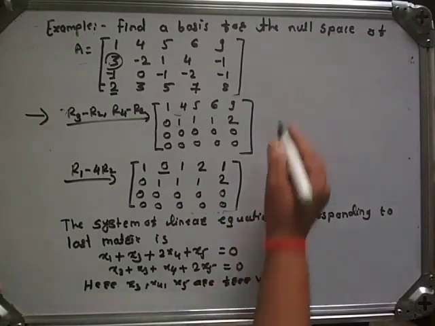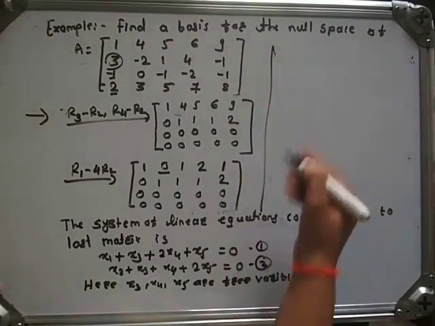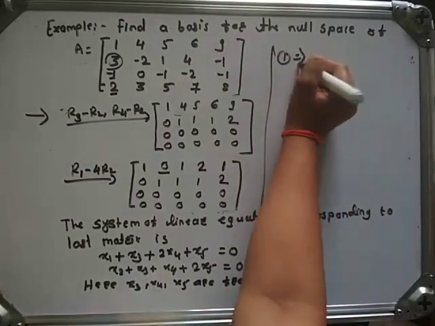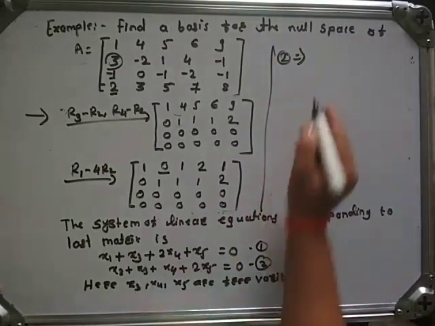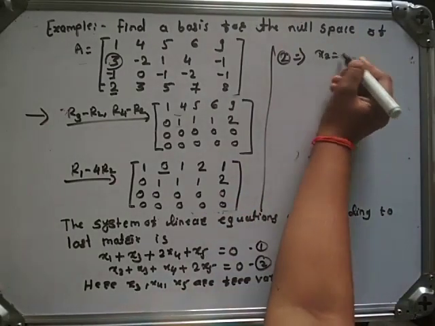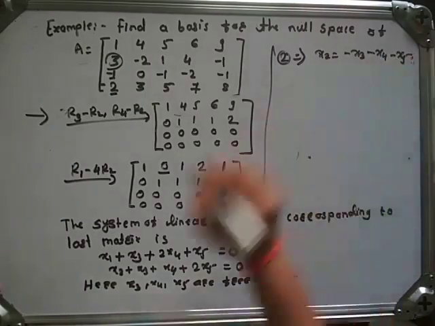So suppose this is equation 1 and this is equation 2. First of all we will see, 2 implies x2 is nothing but minus x3 minus x4 minus x5.